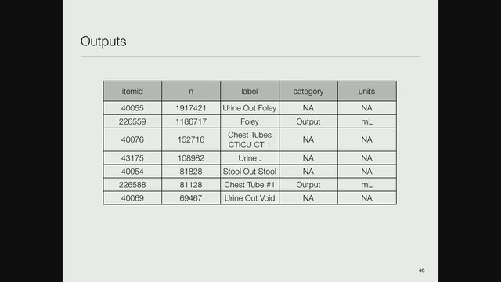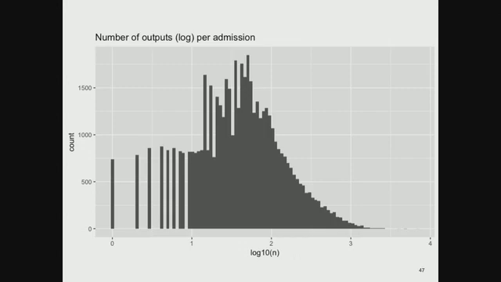Urine is if you pee regularly, stool out, etc. And again, I'm not sure I understand what the difference is between urine out Foley versus Foley. They may be the same thing, but one from CareView and one from MetaVision. So again, typical kinds of problems. If you look at the number of output events per admission, you're seeing on the order of 100, roughly.